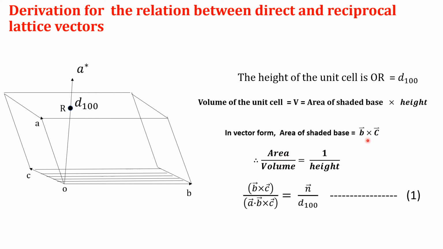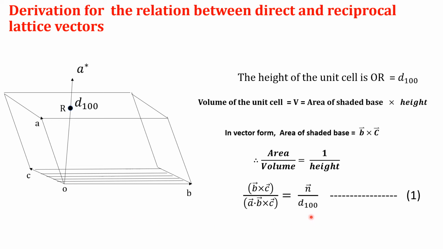Since area we know is B cross C, and volume of the primitive unit cell is A dot B cross C, equal to 1 divided by height, we write in the vector form, where n is the unit vector normal to the plane BC along A star axis, and d100 is the interplanar spacing for the 1 0 0 plane, since that plane is perpendicular to the A axis.